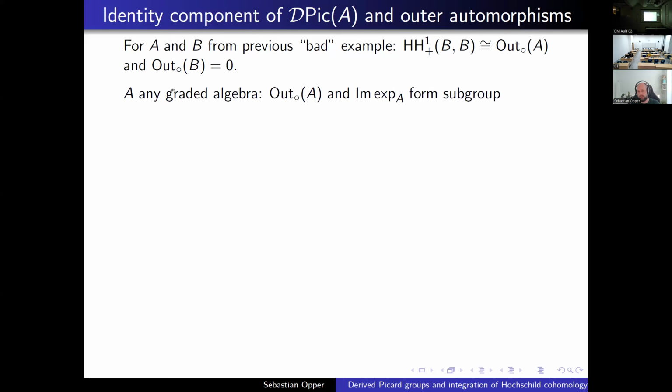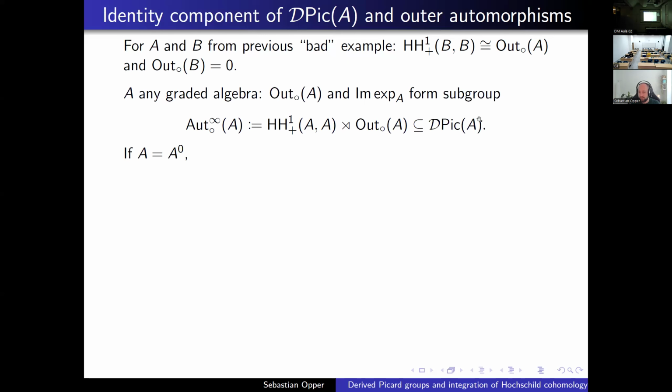So if you have any graded algebra, then the image of the exponential, which again is just HH1 plus of, well, in this case, A and A instead of B and B, they assemble into a subgroup of the derived Picard group, and this is always the semi-direct product in this case.